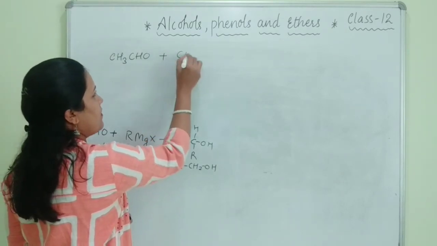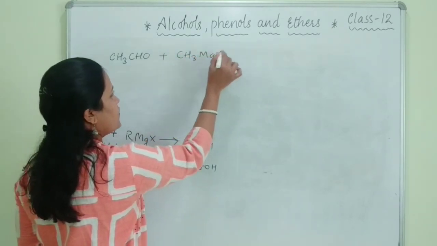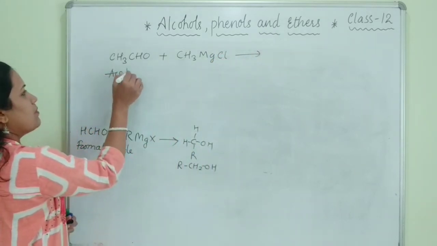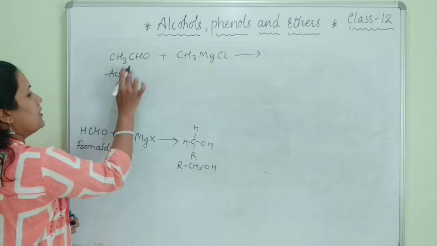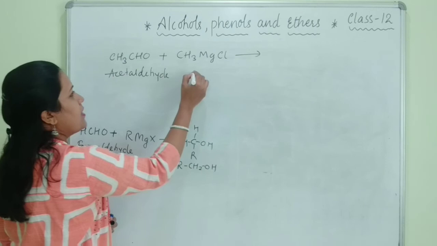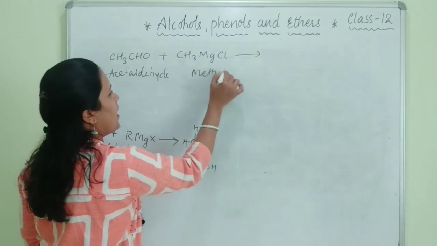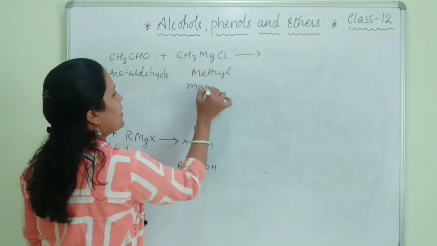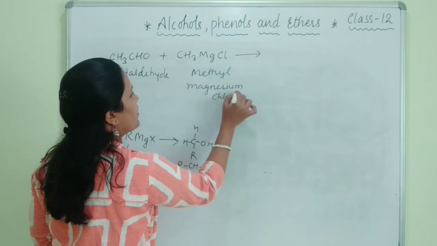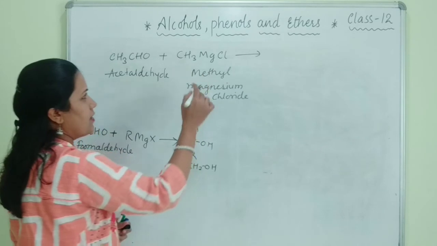In place of RMgX, I am taking CH3MgCl. Acetaldehyde reacts with methyl magnesium chloride. That is RMgX, or Grignard reagent.